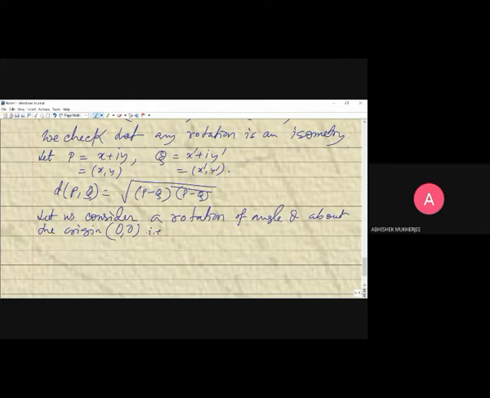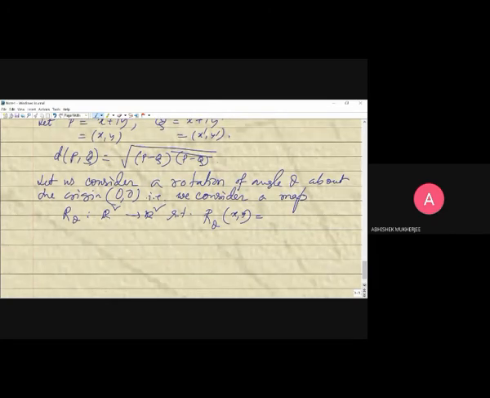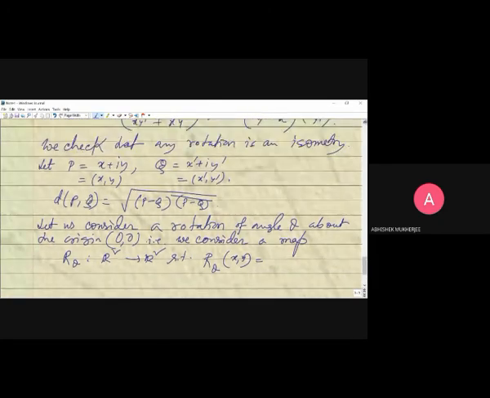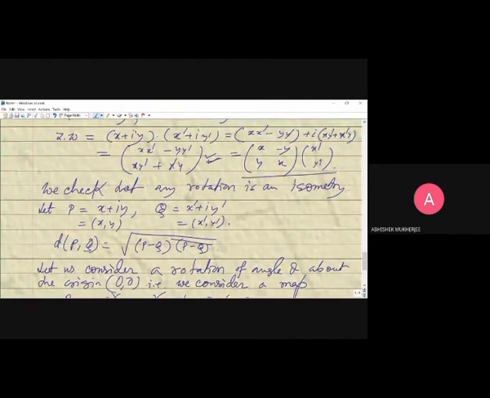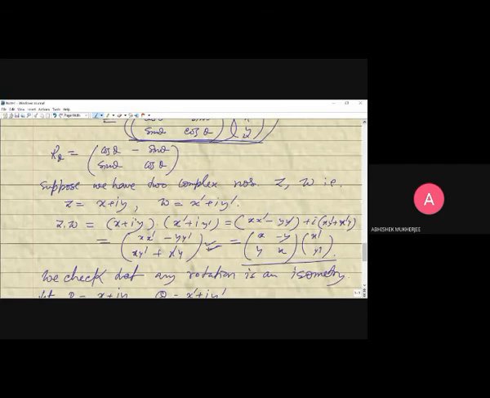That is, we consider a map R theta from R2 to R2 such that R theta of (x, y) goes to which one? With respect to this observation, how shall I write down this one?